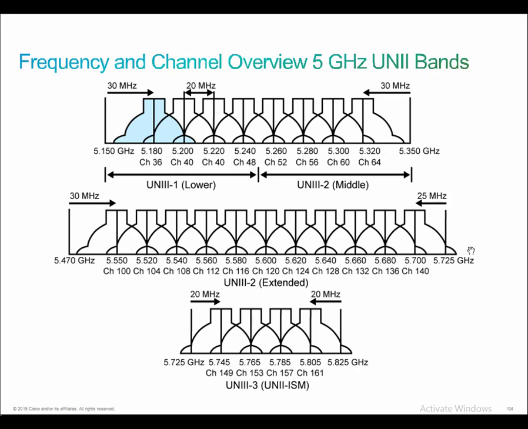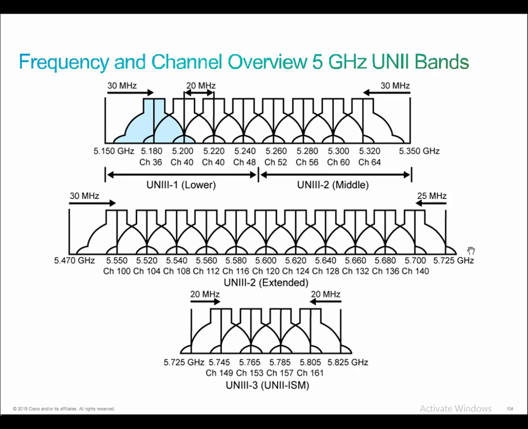In the US and ETSI domains, the same 8 channels. Pay very close attention to this, very, very important. The same 8 channels, which are 36, 40, 44, 48, 52, 60, 64.